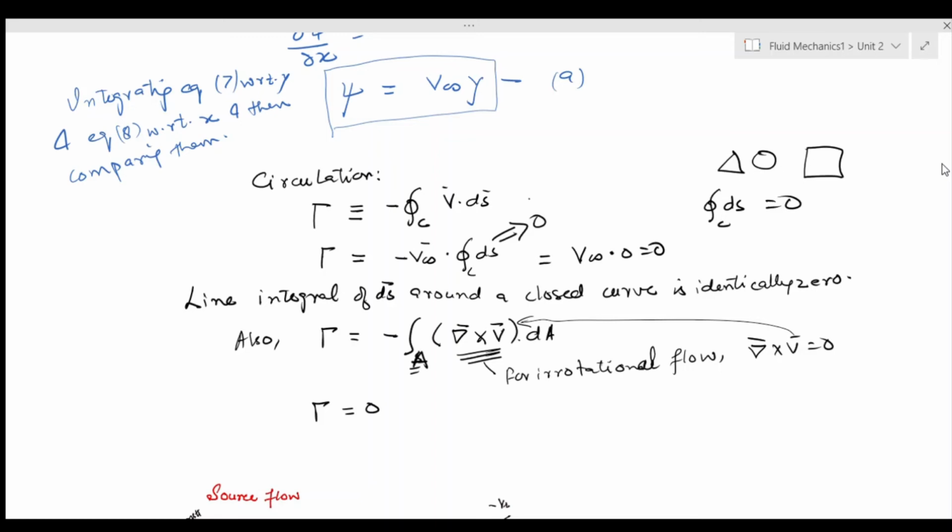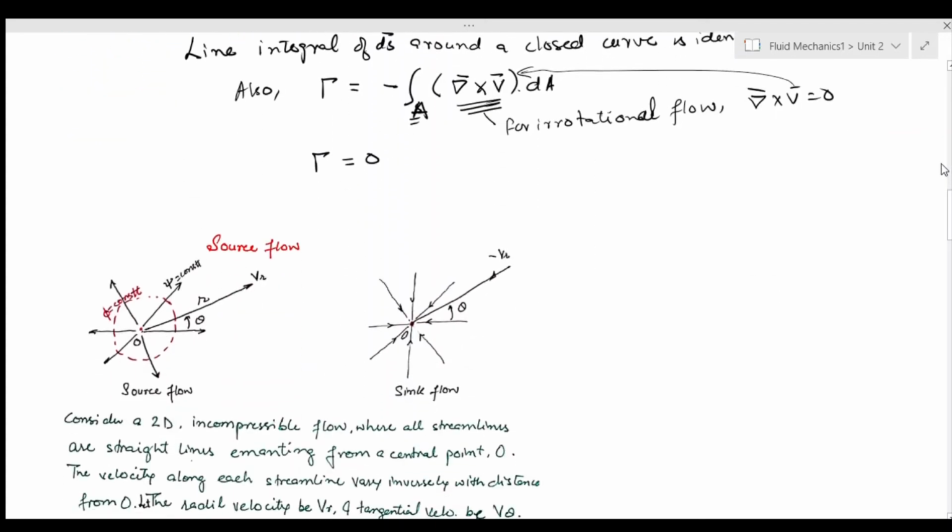Now for all the flow elements which we would see afterwards, this is going to be the way: either the velocity profile would be given to us, from that we would find psi and phi and then circulation, or the stream function or the potential function is given to us, and from there we would find the velocity and then circulation. It would be the same way throughout. The procedure is not going to change.